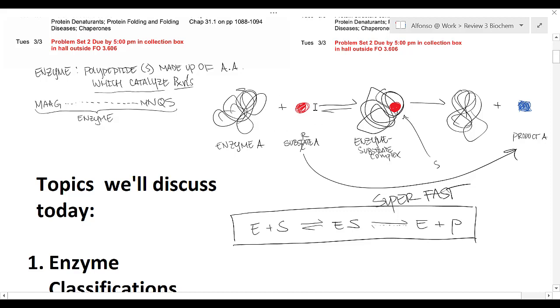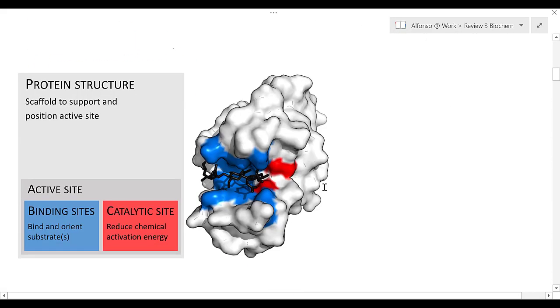Enzyme binds substrate, forms an enzyme substrate complex, and it forms a product. You see this molecule right here, the black one, that is the substrate. The next step would be releasing the enzyme and also releasing the substrate, but now it has been turned into a product.